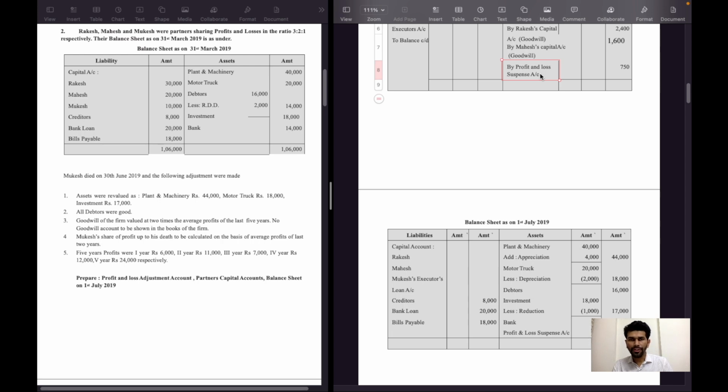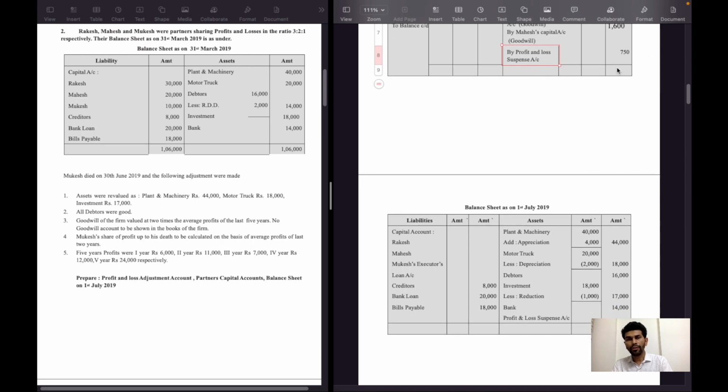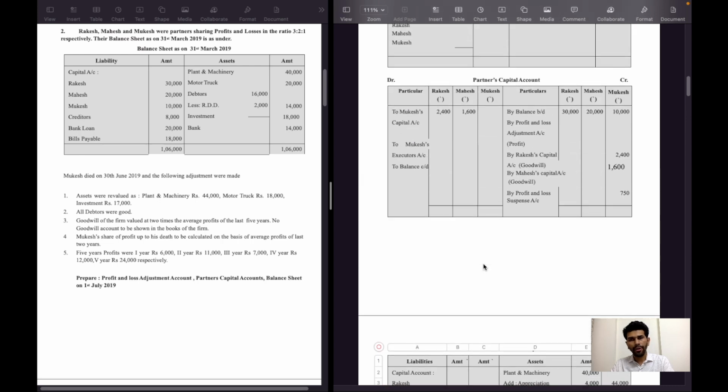The suspense account is created and it will be set off at the end of the year by calculating actual profit, and then we will make adjustment in it. So profit and loss suspense account will be recorded at 750 rupees. I think all the adjustments are done. The fifth adjustment was about average profit, which we have already covered.